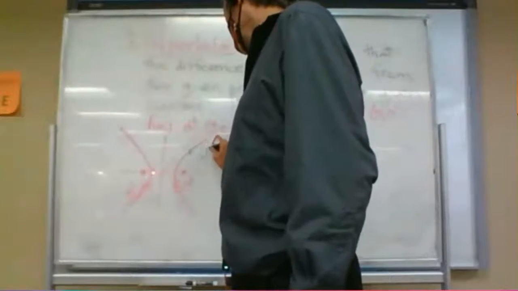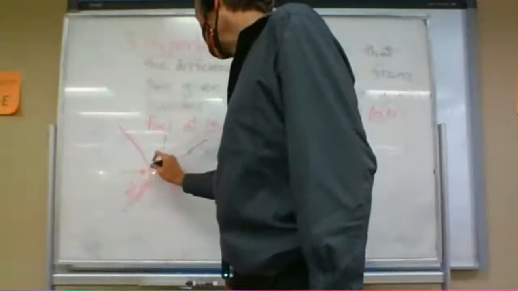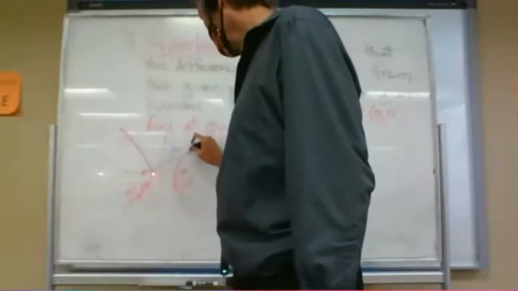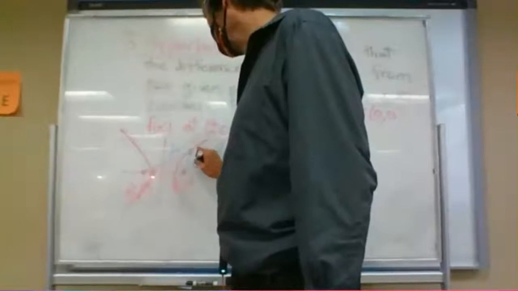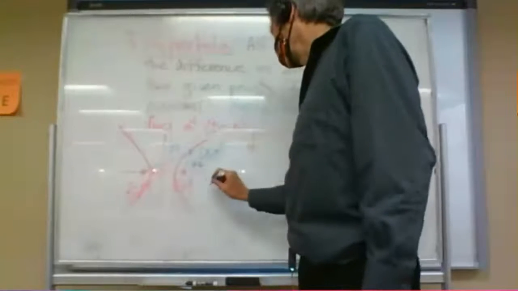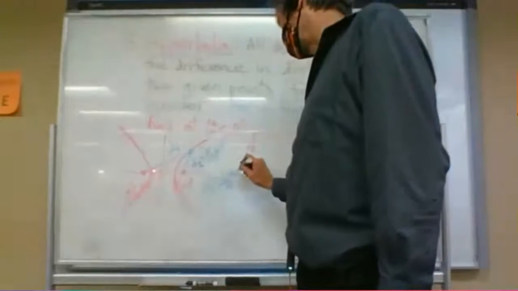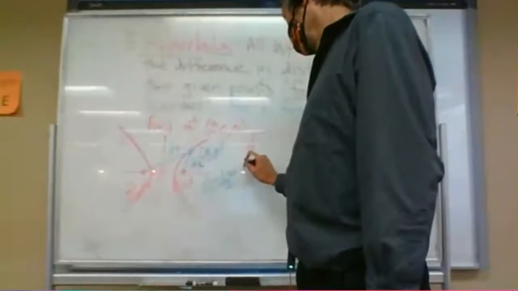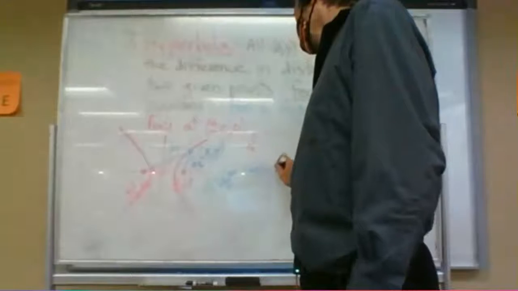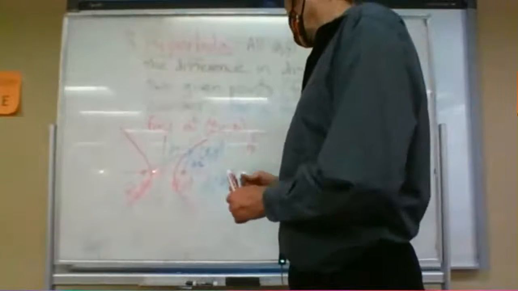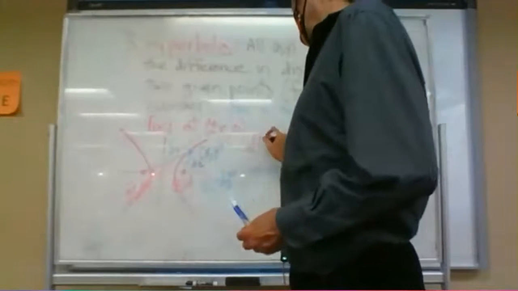But the picture then is that you want all points x, y such that this distance d1 minus this distance d2 is a given number. So you're going to take d1 minus d2 equals some number. I've forgotten if it's 2a or not.